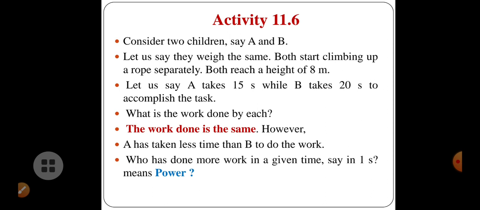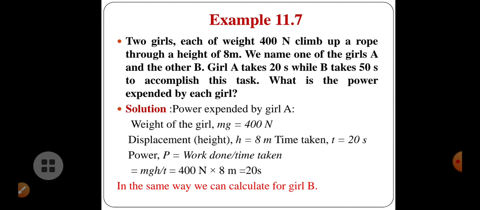Read this activity from your book again. Now, this is solved example 11.7. Two girls, each of weight 400 Newton, climb up a rope through a height of 8 meters. Weight is given, which means force is given; height is given, which means displacement is given.